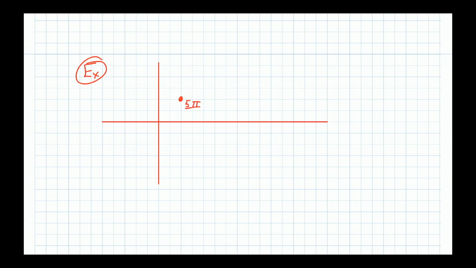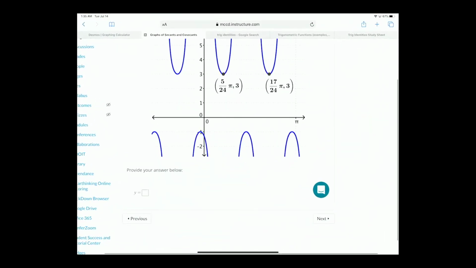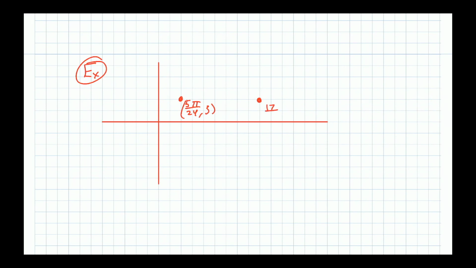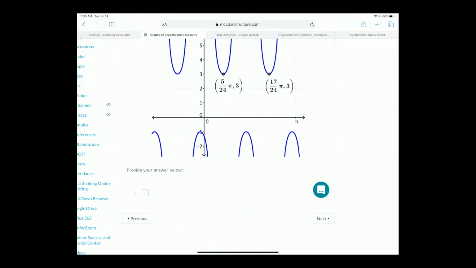Then there's another point, 17 pi over 24 comma 3. And those are the only points they give you, but they do tell you that the others are at -1.